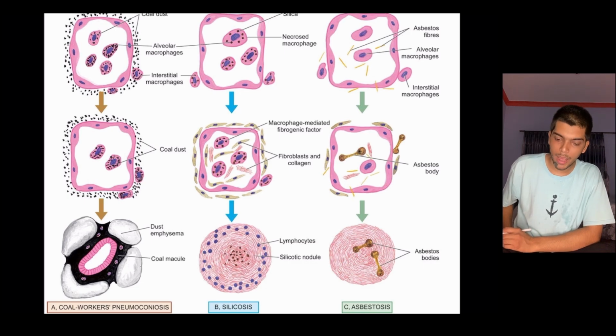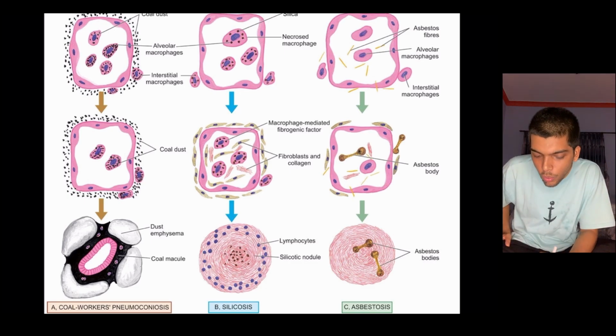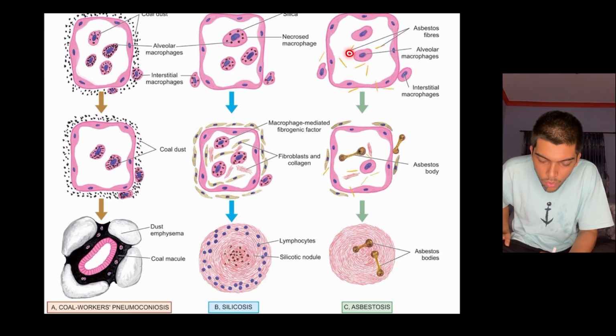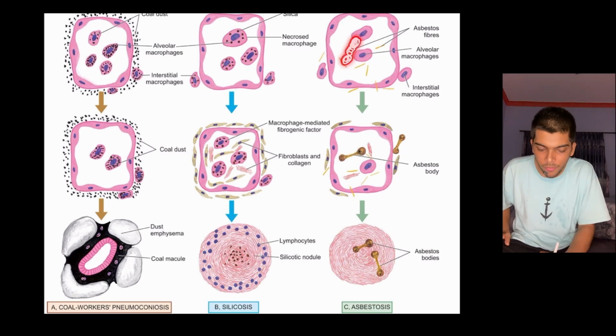Instead, around these asbestos fibers, there is enwrapment of ferritin, which is produced by the macrophage. The ferritin enwraps around and then forms the asbestos body.